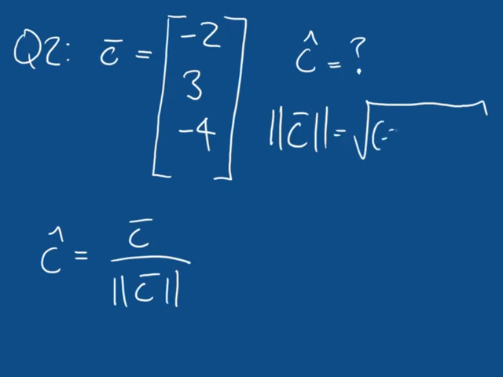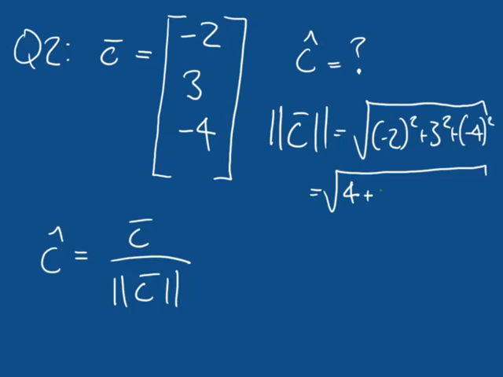So it's equal to the square root of minus 2 squared plus 3 squared plus minus 4 squared. Minus 2 squared is going to be 4, plus 3 squared is 9, plus minus 4 squared is 16. So that's going to be equal to 4 plus 9 is 13, plus 16 is 29.